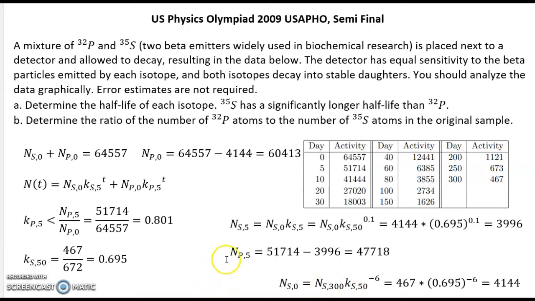So that will be this 51,714 minus this expression. And now we can count this coefficient for element S more precisely. Remember, at first that was just a rough estimation. Now we can count it more precisely.